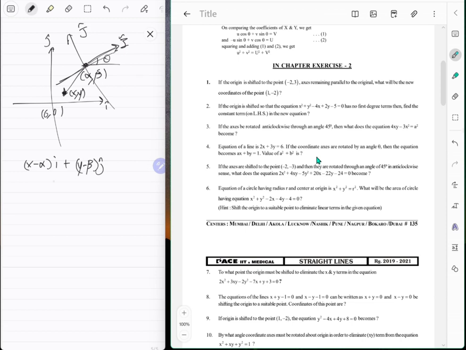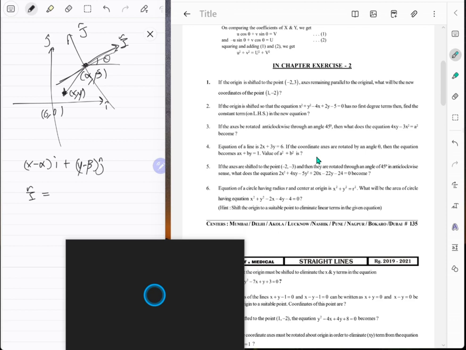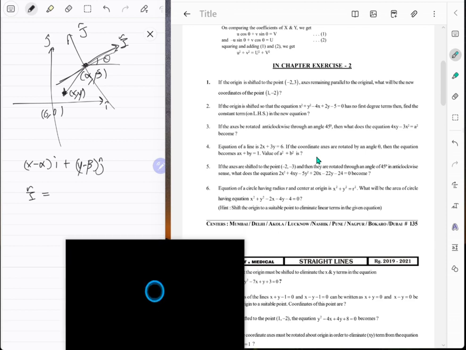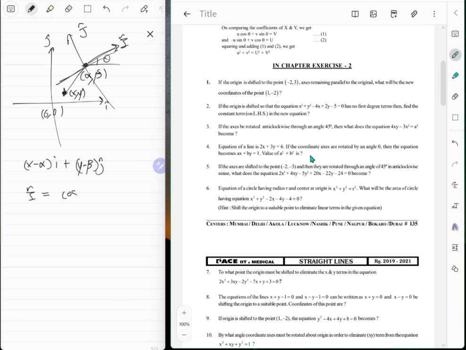Okay, so that means capital I hat is cosine theta i hat plus sine theta j hat and some stuff like that. And then this guy, we just want to express it like so.